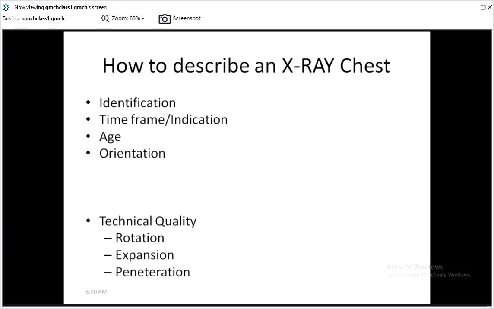First of all, you have to identify. You have to look for the time frame and the indication for which the X-ray chest was done. You have to look for the age of the patient, the child. You have to look for the orientation. Then you have to look for the technical quality, whether the rotation is fine, expansion is fine, or the penetration is fine.